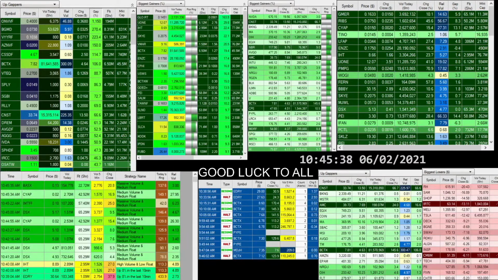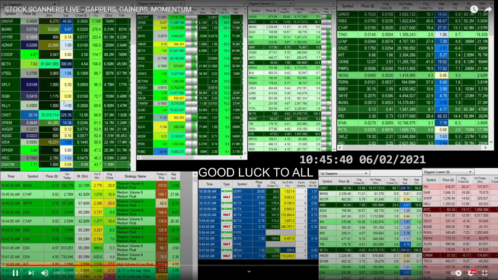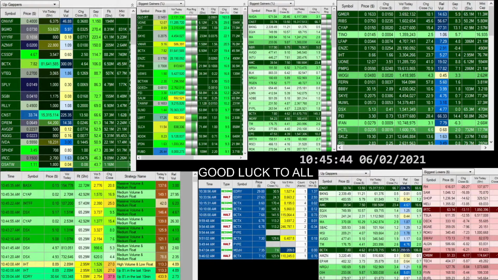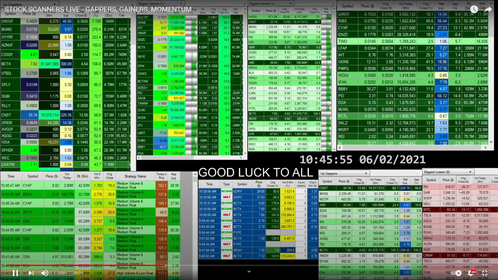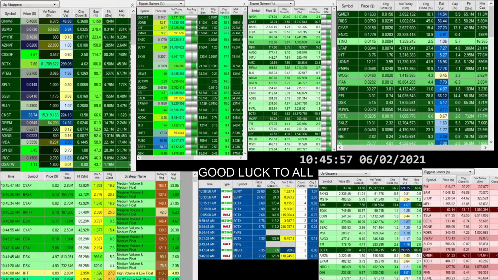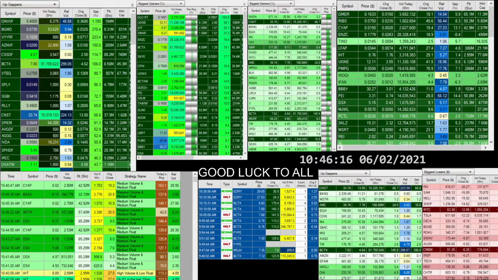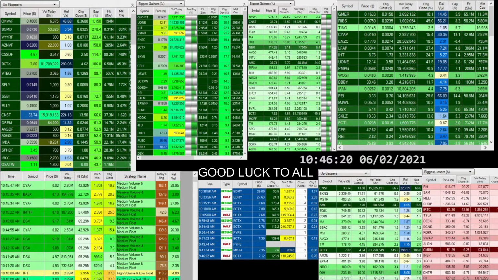Now remember, since I told you that the gappers, both the up and down gappers, are no longer relevant once the market opens, that means that the biggest gainers and the biggest losers are therefore relevant intraday after the market opened, because they're measuring price action after a stock is open during a regular trading session.